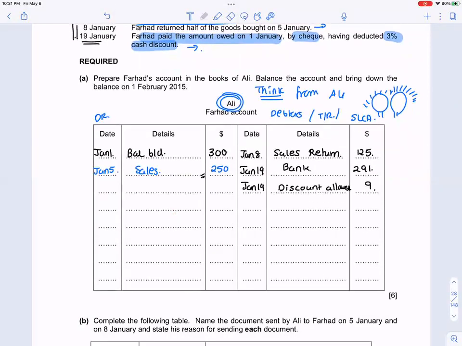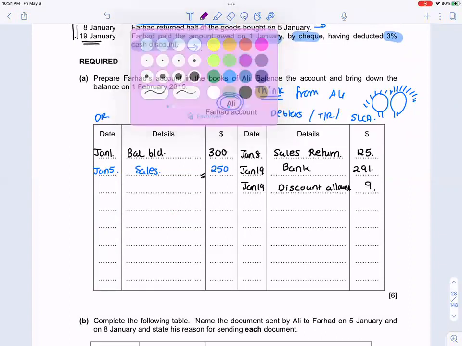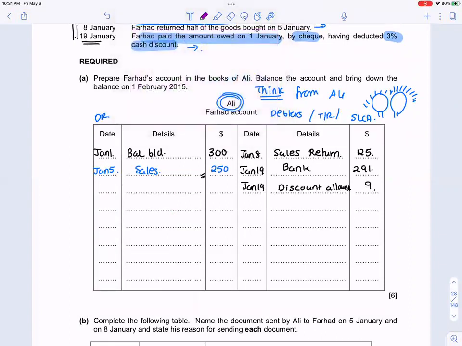Now, how do you close this account? Krishna, tell me which side is more? I think the debit side is more. So I write it on both the sides. From that, what do we do? You minus 425 from it and write it as balance BD.